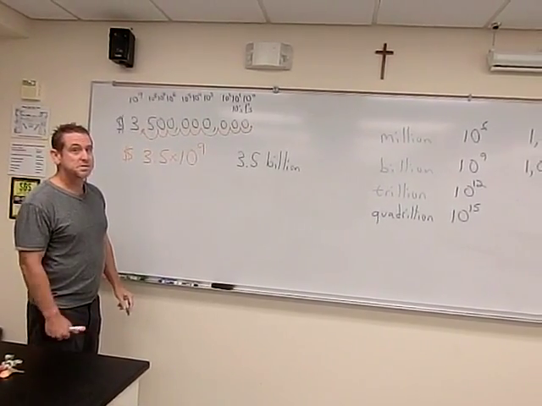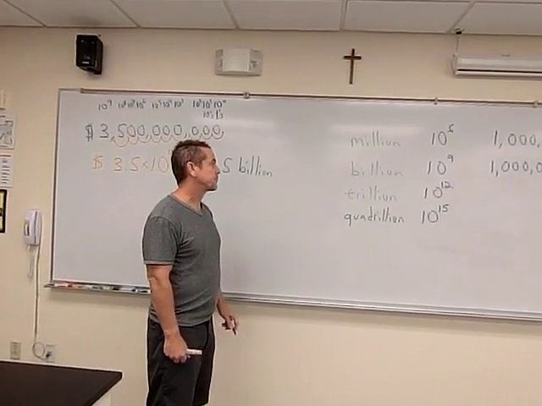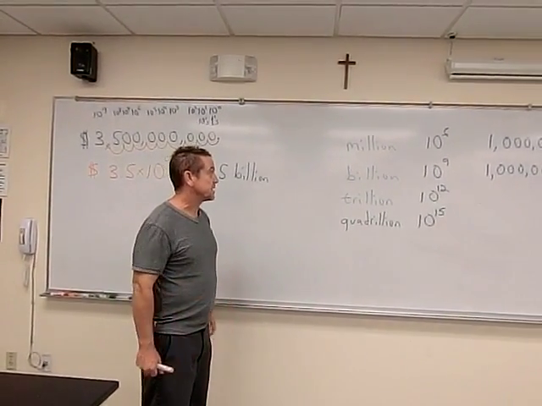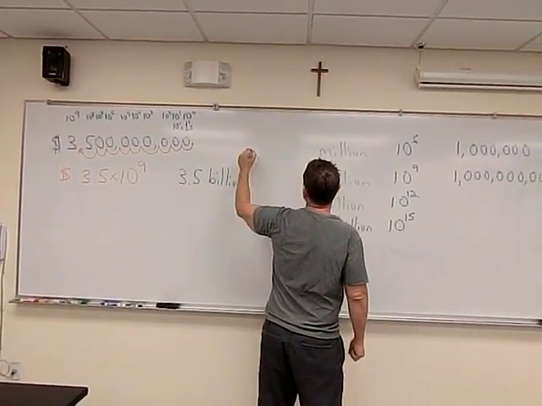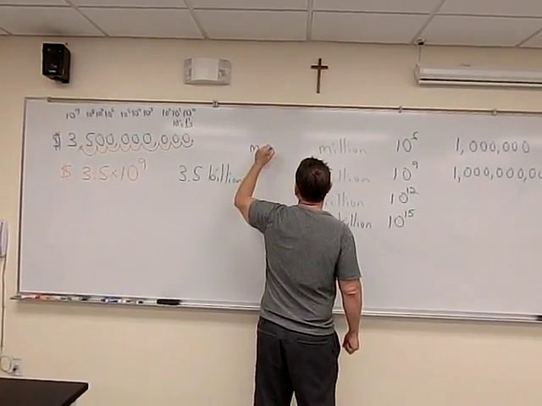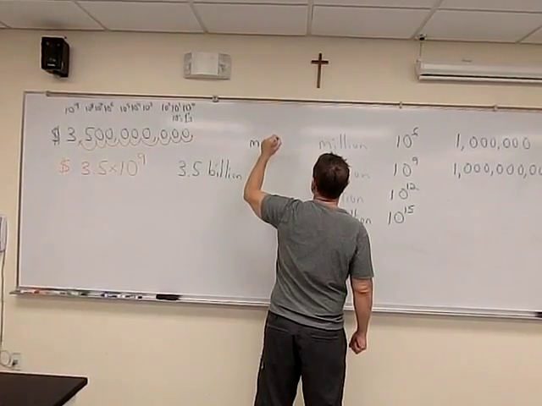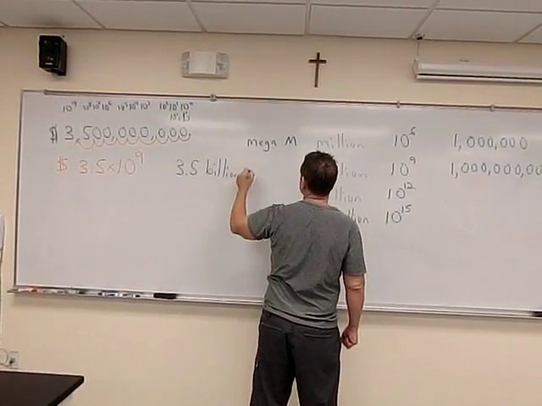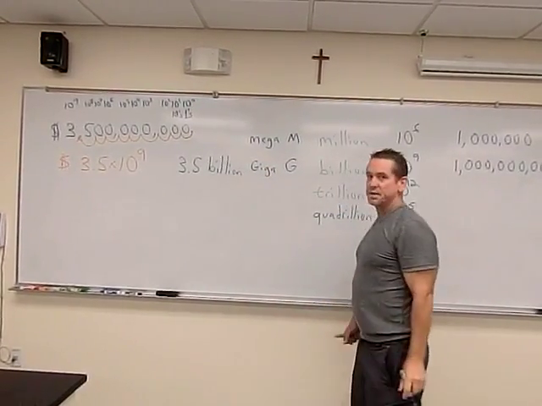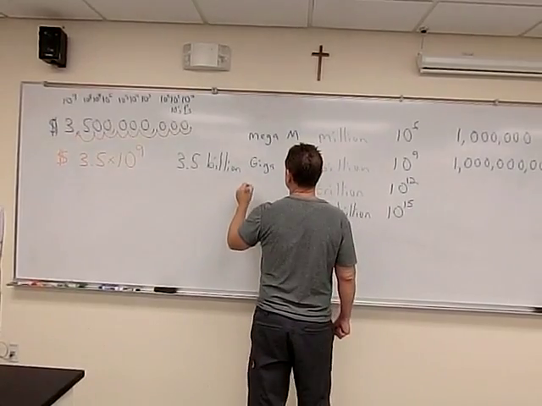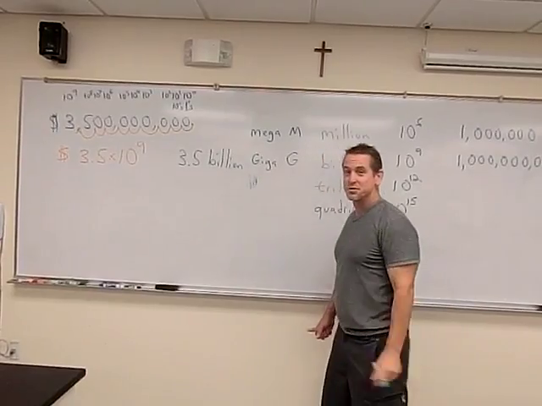The metric system is also set up nicely for this because it's based on powers of 10 also. In the metric system, for a million we use the word mega, and the symbol is the big M. For billion, it's giga, and the symbol is the big G. For trillion, do you know what it is?